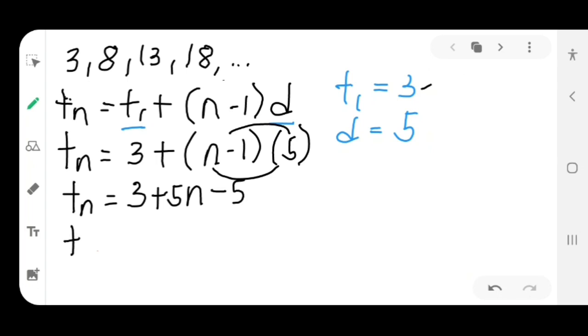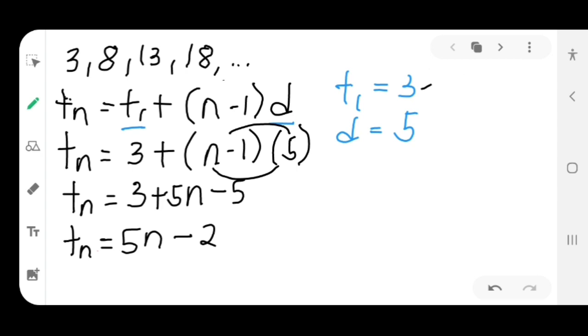After that, we need to combine like terms. So since 5n is the only term that has a variable, 5n will be copied. Then, combine 3 and negative 5. So 3 plus negative 5 is negative 2.